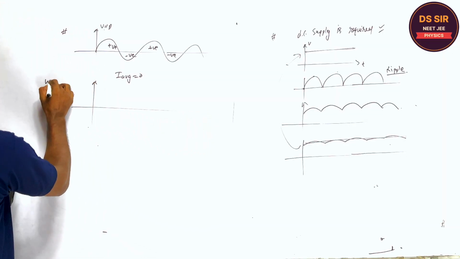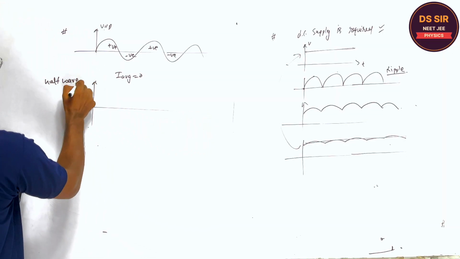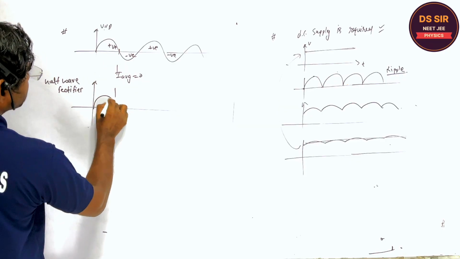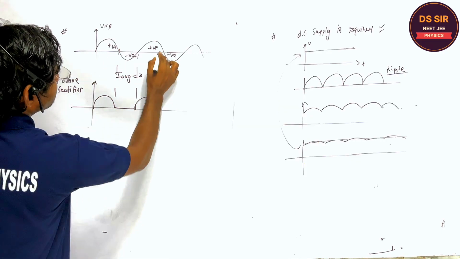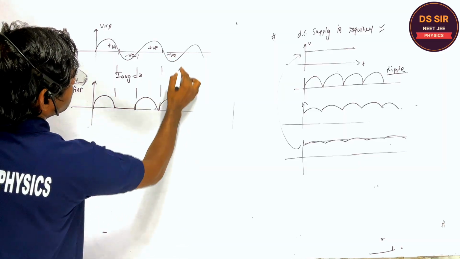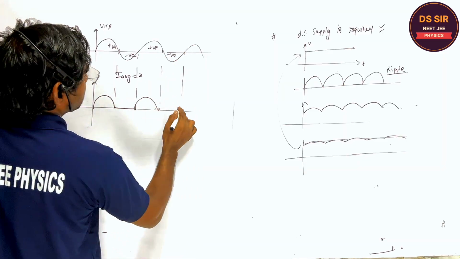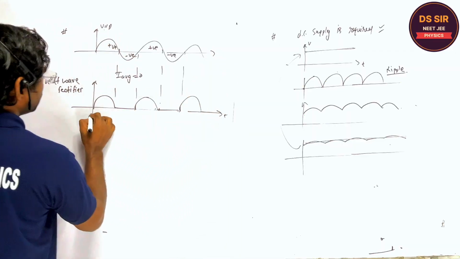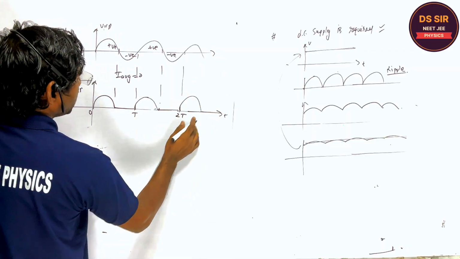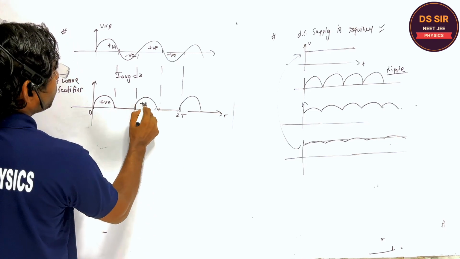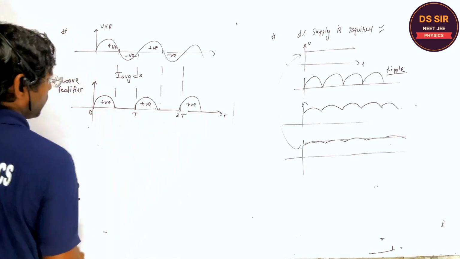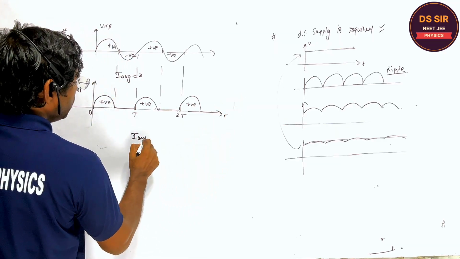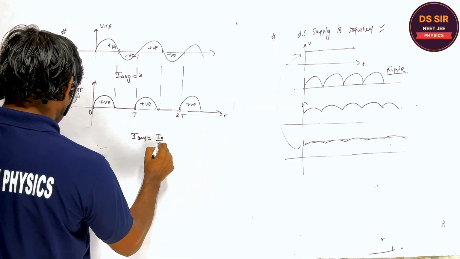What is the half wave rectifier output? The output is like this, this is the 0, like this. Are you getting or not? 0 to T, like this. So only the positive wave is obtained as the output. For the half wave rectifier, the RMS value is I naught by 2.